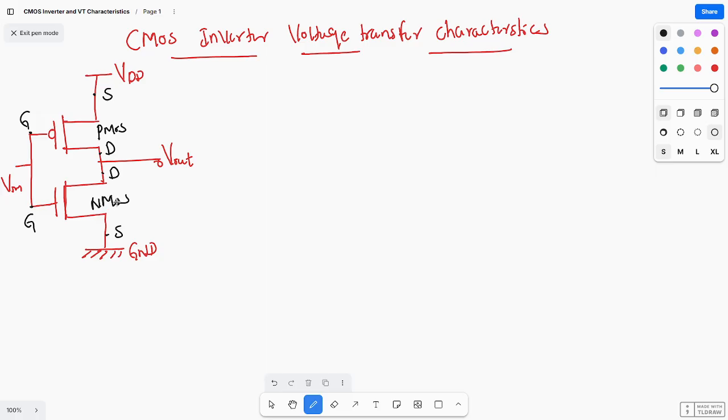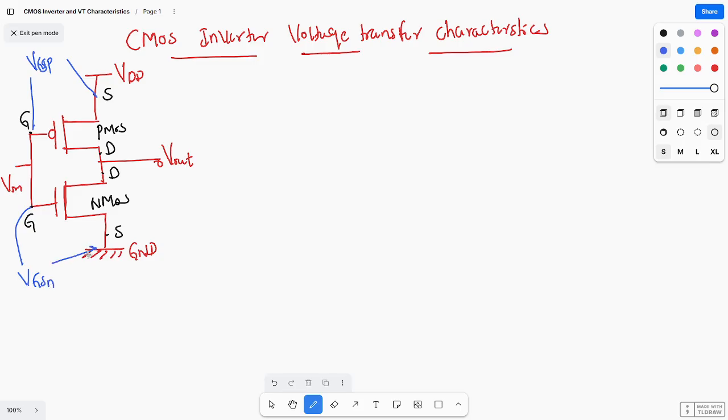PMOS and NMOS. Okay, so if you see here, this is what we can consider as VGSP, the gate to source voltage of PMOS. Okay, and next if you consider this one, VGSN.